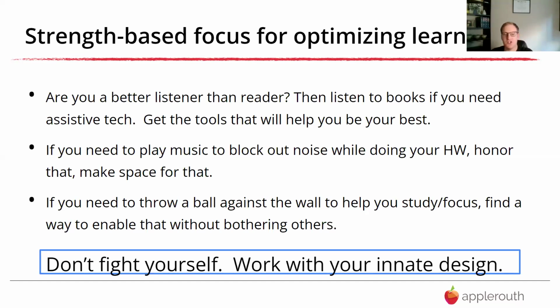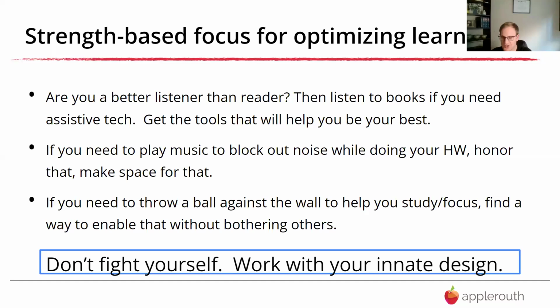If it's fidgety and we need to throw a ball against the wall to help us study or focus, we got to do that somewhere where it's not going to drive everyone else up the proverbial wall, I should say. So if you need to do something like that, okay, but let's figure out how. Can we throw it up in the air so it's not making noise? Can we find a ball that's very light and not going to make bouncing sounds or thumping against the wall or floor, right?